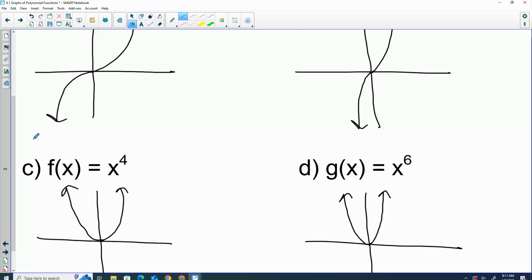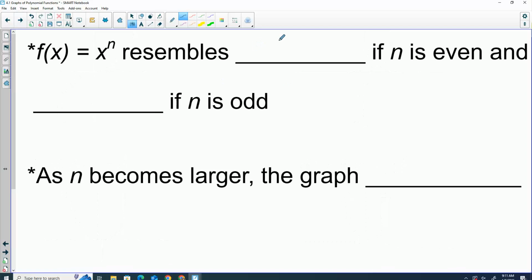But the big picture, how the ends are going, is determined by that leading term. So it resembles x squared if the power is even, and x cubed when the power is odd. And as that exponent gets larger, the graph gets skinnier, so I'm just going to say the graph narrows. So the higher the exponent, the skinnier the graph.